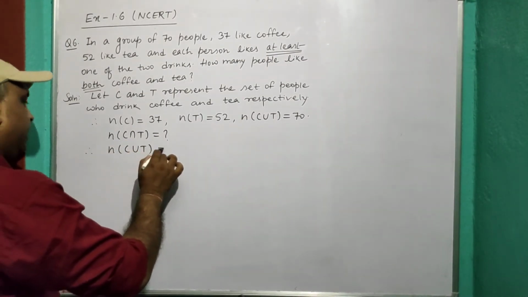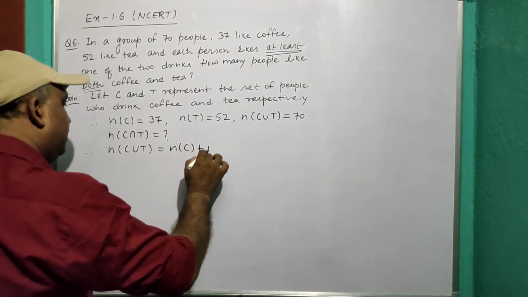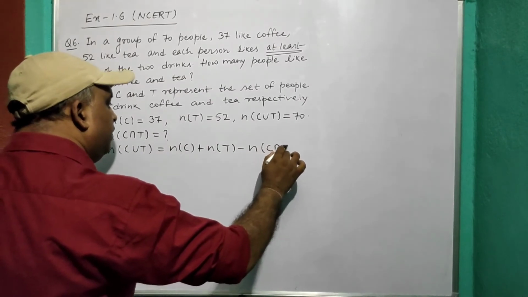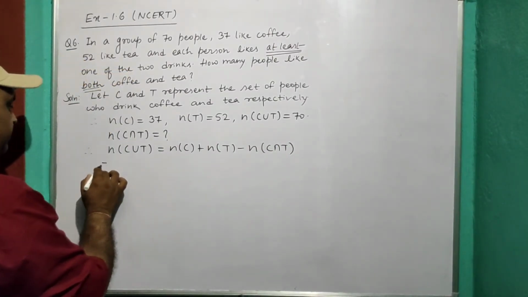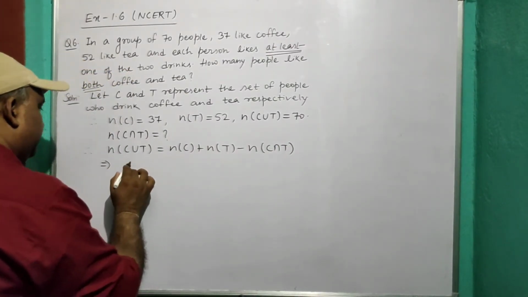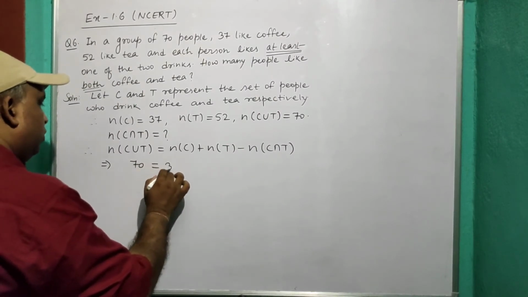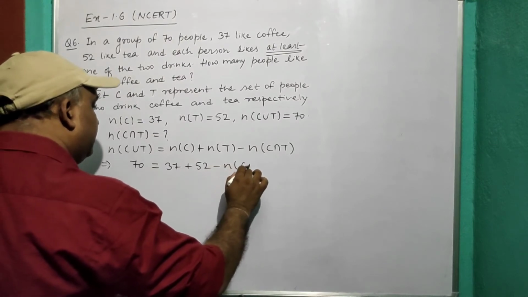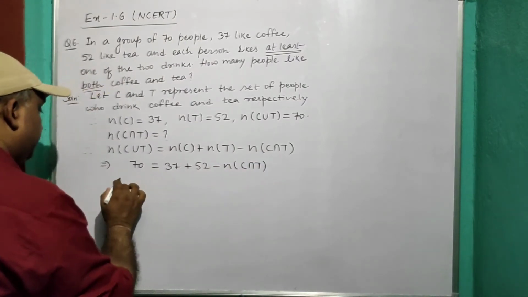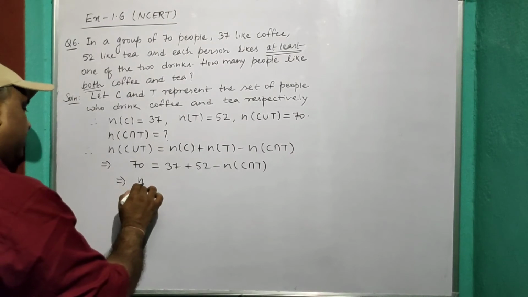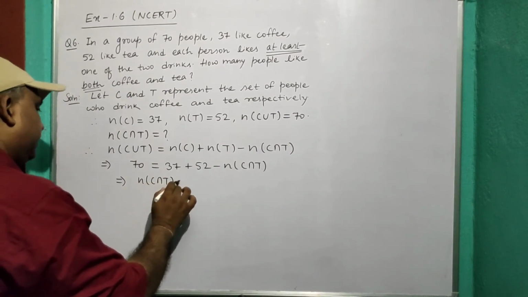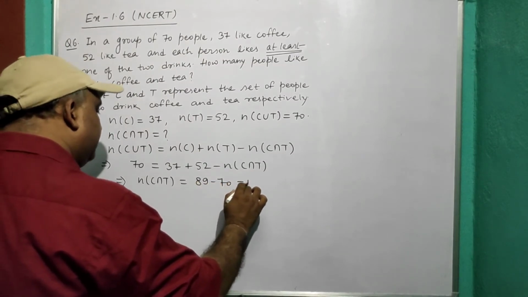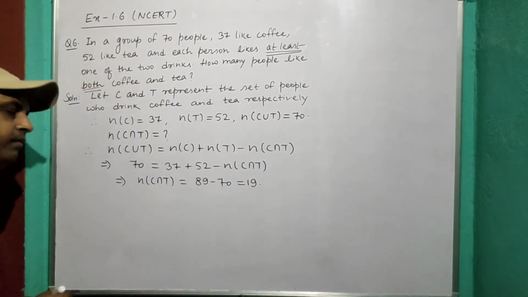N C union T equal to NC plus NT minus N C intersection T. So this is 70 equal to 37 plus 52 minus N C intersection T. From this you can write N C intersection T as 89 minus 70, that is 19.